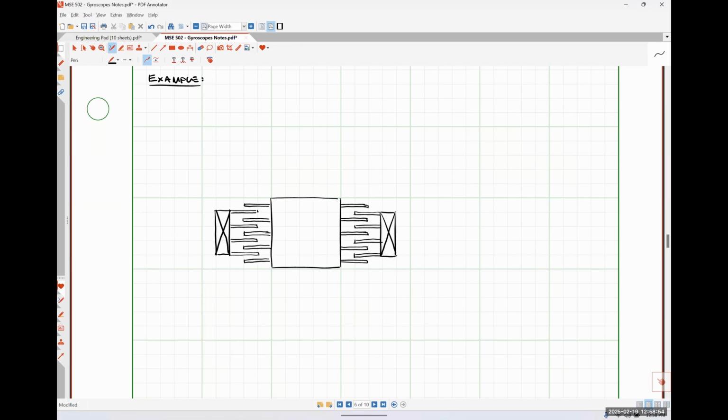Now I'm going to draw the support structure for our proof mass here in the center. That might be something like this. Got some simple springs connected to this structure. Going to do that on both sides.